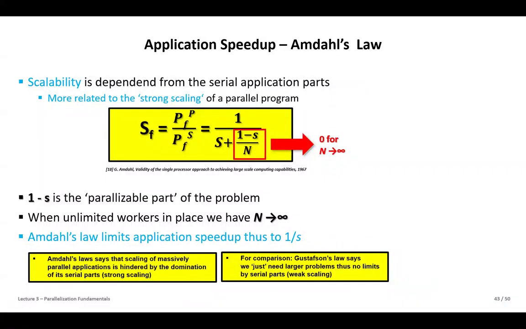And just to contrast it a bit again from Amdahl's law, Gustafson's law, where we said more detail is good. Amdahl's law is a bit different and says basically we are hindered by the domination of the serial parts at some point in time. Now, in the ideal situation, it is a little bit mathematical, of course: 1 minus s is just a fancy way of saying the parallelizable part of an application, divided by n, assuming we can have infinite HPC machines.